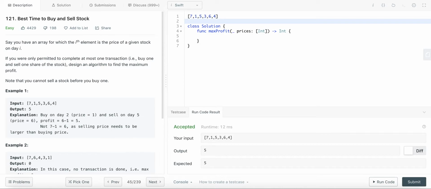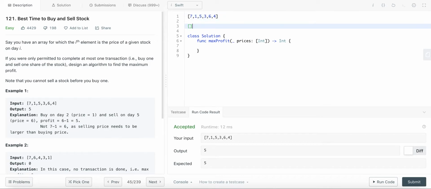This refers to the situation where all stock prices are given in a sorted descending order, which means the prices just keep falling and never rise. So basically, you can't make better than zero profit, so you don't do any transaction at all, because zero profit is better than negative profit, which makes no sense anyway.